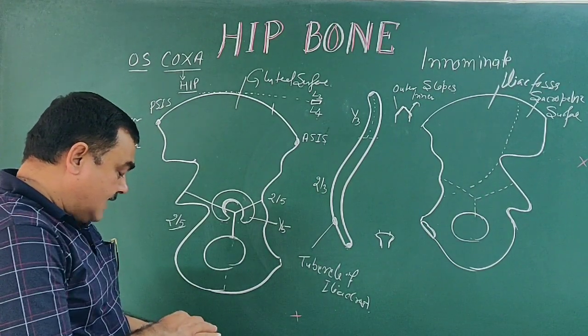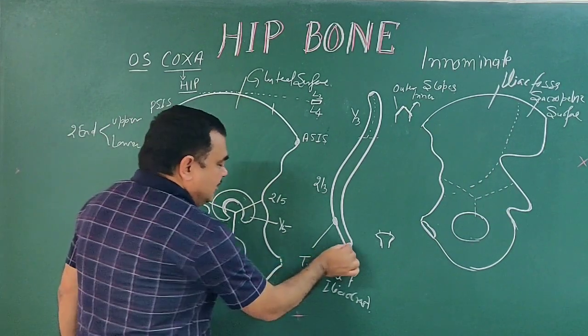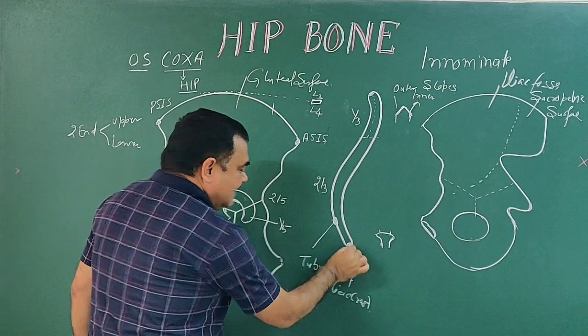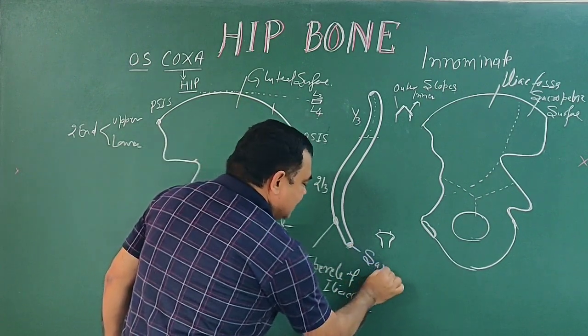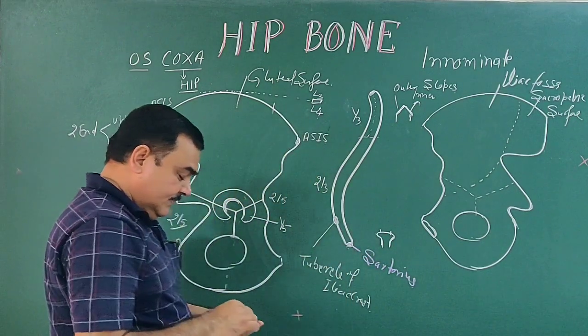If you see the attachments on the iliac crest, at the anterior superior iliac spine the sartorius muscle is attached. Sartorius takes origin from here.